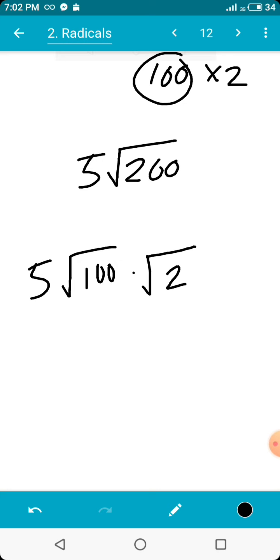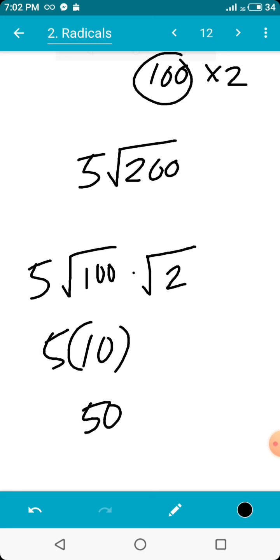Okay? So, to simplify this, yung square root ng 100 ay 10. And then, let's multiply it by 5. And that will become 50. Since yung square root of 2 ay hindi perfect square, and wala siyang saktong sagot, and it's an irrational number, ibig sabihin, walang katapusan yung decimal number niya. Now, kung ganyan yung scenario, we don't need to do anything para sagutan yan.